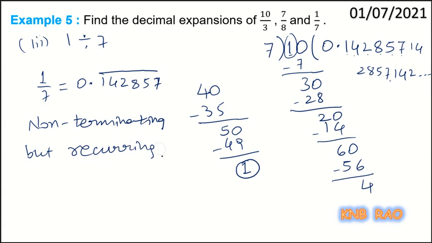Now this non-terminating but recurring decimal form you could see for this rational number. Okay.